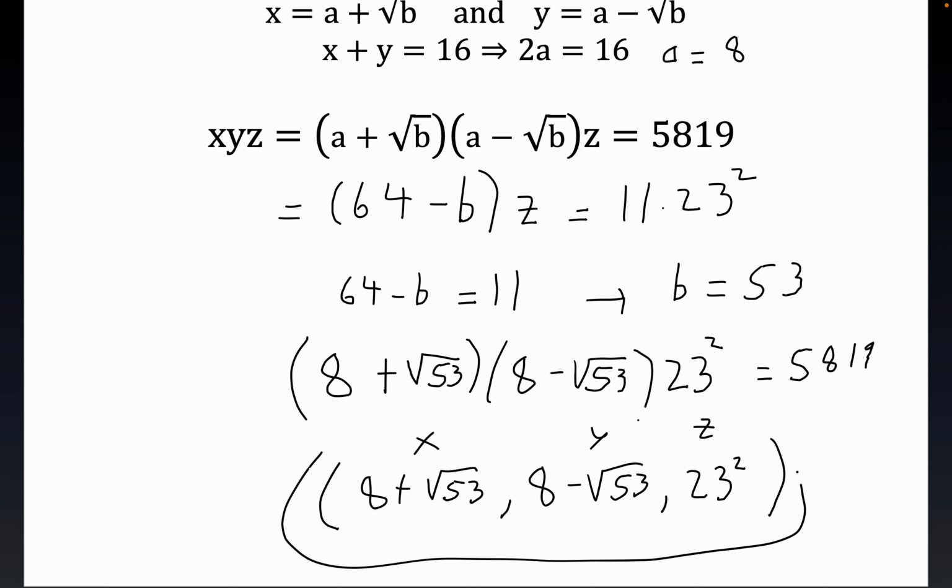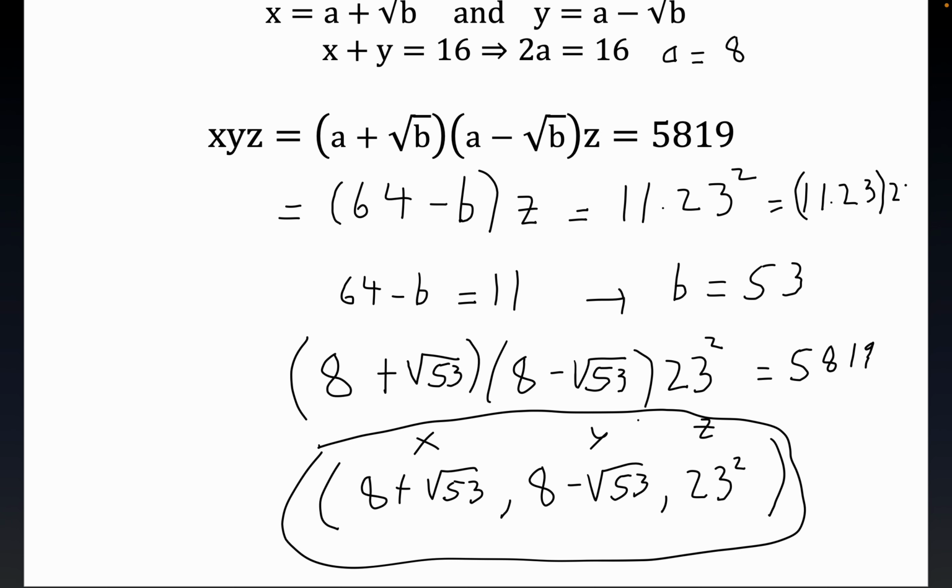Now, if you have time and you're so inclined, I only worked with 11 times 23 squared. But notice we could rewrite this in an interesting way. We could write it as 11 times 23 separately, and then times 23 again.